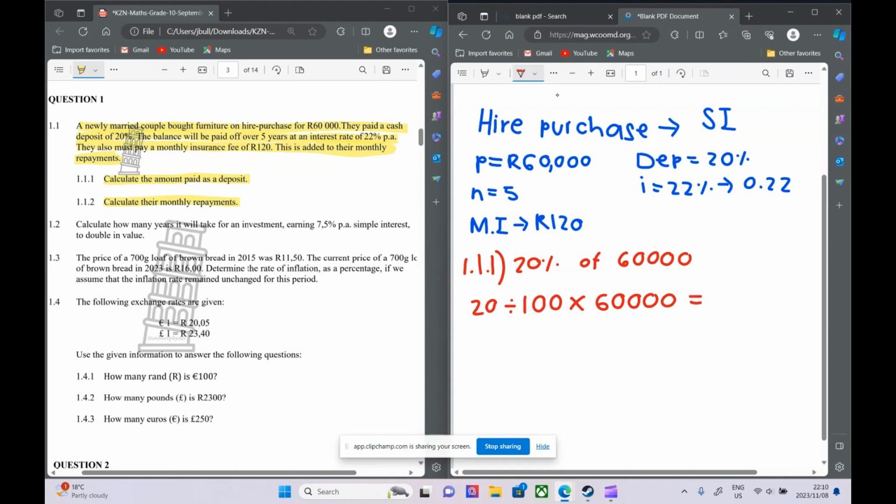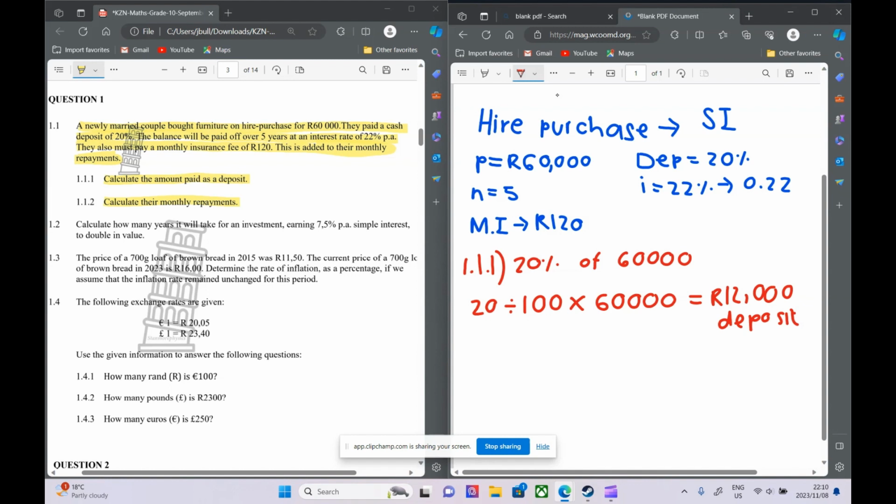So let's quickly do that. 20 divided by 100, and then times 60,000. And we get 12,000 Rand. That is the deposit that they paid, the initial amount. So if it was 60,000 Rand to start, they paid a 12,000 Rand deposit.